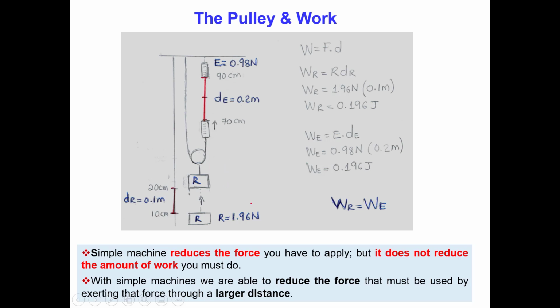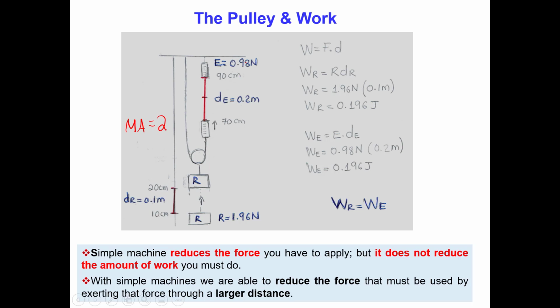Then in the same way, let me write here the mechanical advantage of this equals 2. The effort you had to apply is reduced by 2, but the distance is increased by 2.